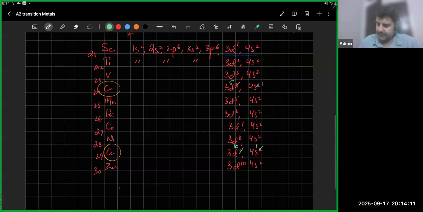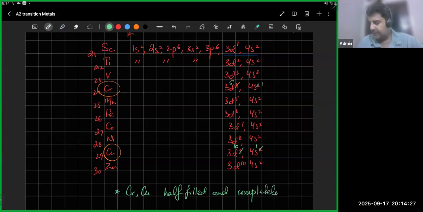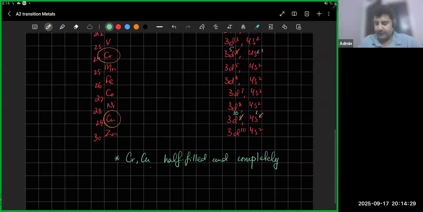So you have to remember that for chromium and copper, the half-filled and the completely filled, this is an exception just for them. It doesn't really apply to anyone else. So for them specifically, the half-filled and completely filled D subshell is more stable.